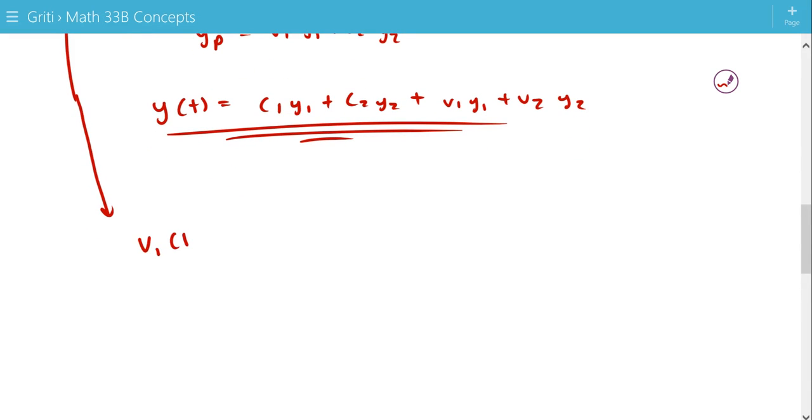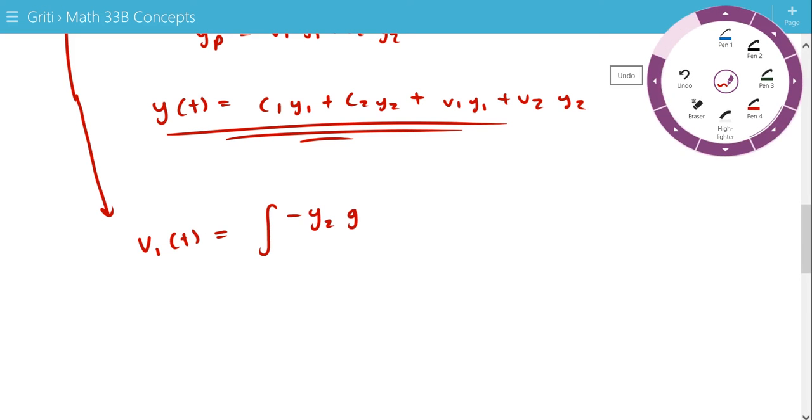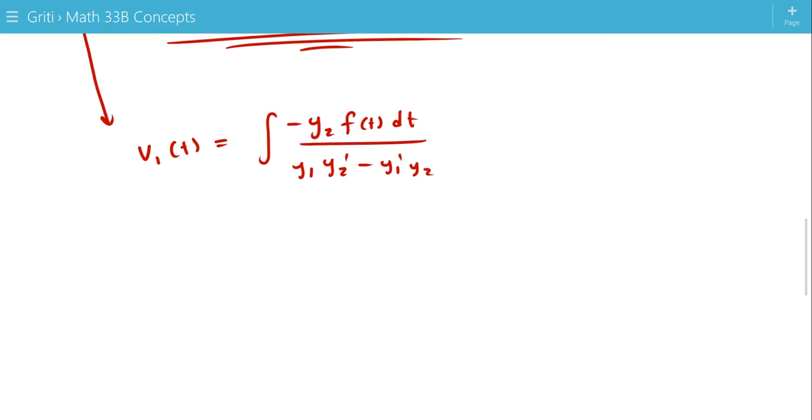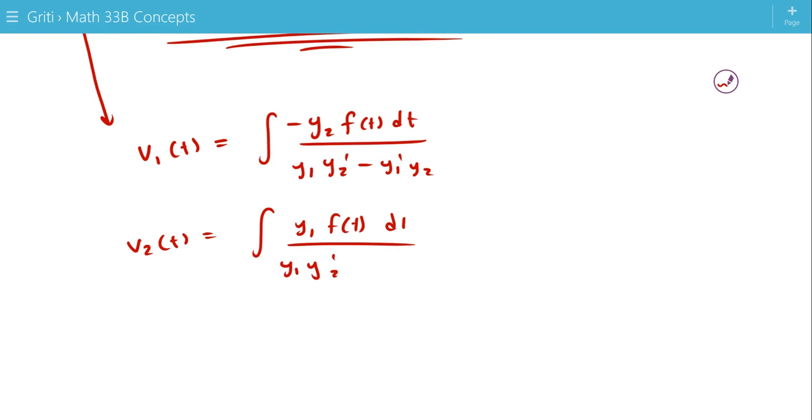So v1 is going to be equal to the integral of negative y2 f of t dt over y1 y2 prime minus y1 prime y2, and v2 of t is going to equal the integral of y1 f of t dt over y1 y2 prime minus y1 prime y2.